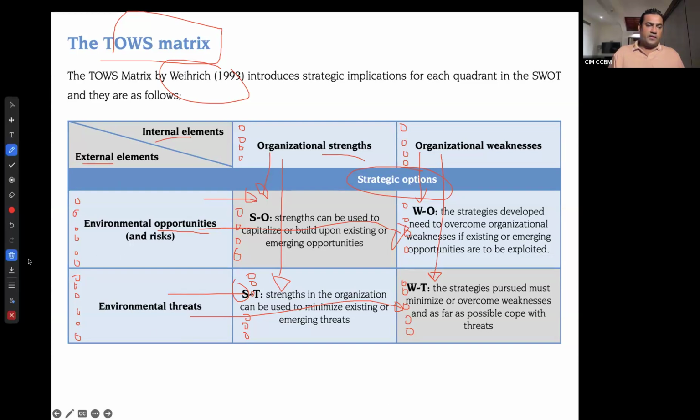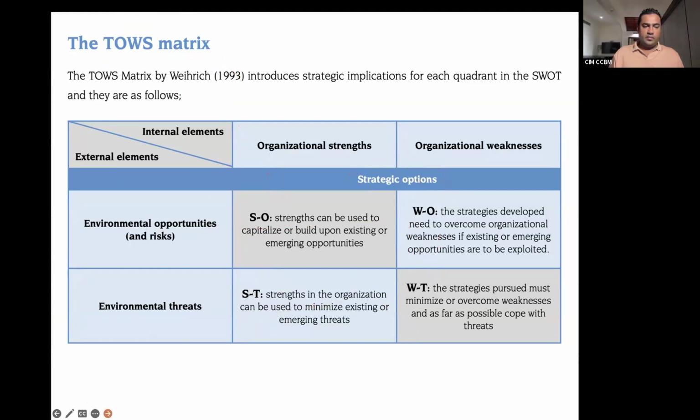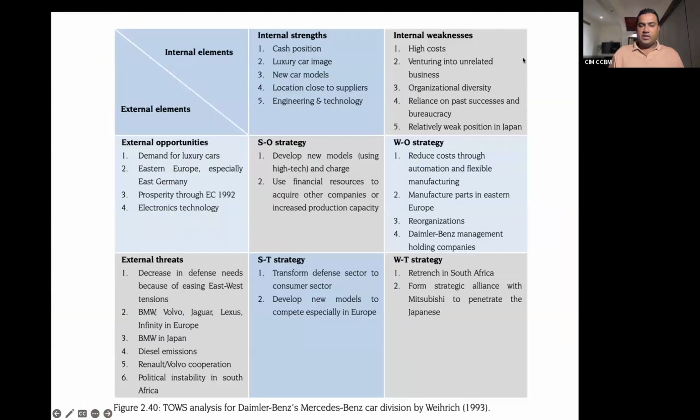The authors have given us an example. So this is how it has been done for an organization. You can see here the TOWS matrix applied to the Mercedes-Benz car division.